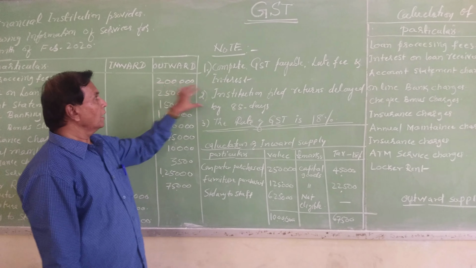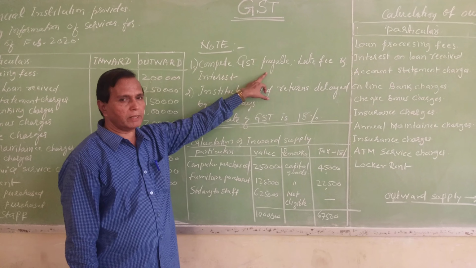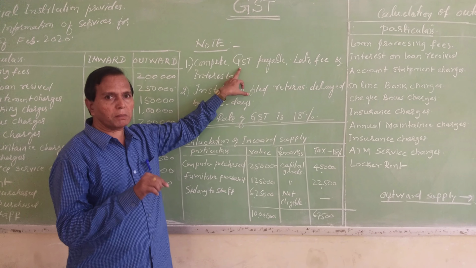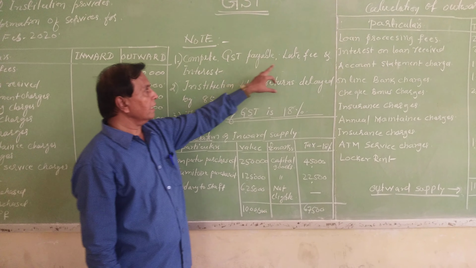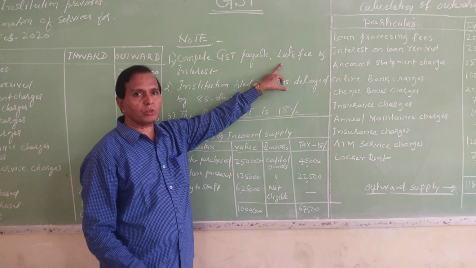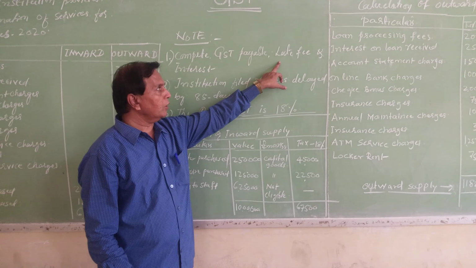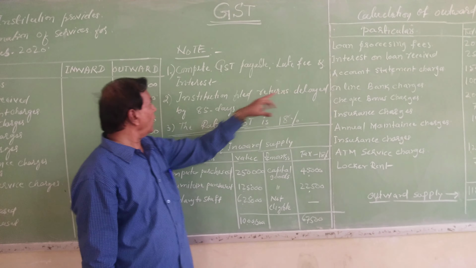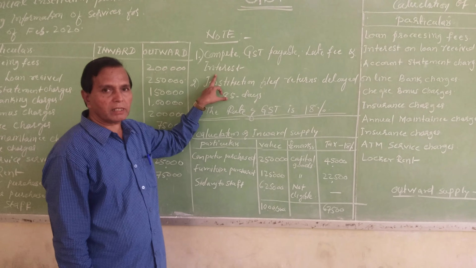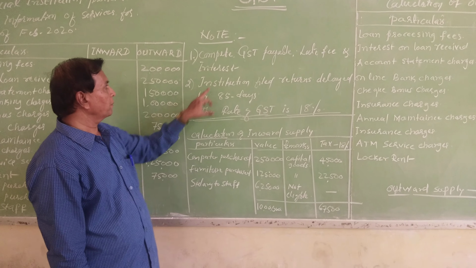First one is compute the GST payable, that is net GST payable by the registered dealer towards the tax officer, and late fee. In order to file the return towards the tax officer, the late fee must be computed, and the interest to be paid by the dealer towards the tax department.